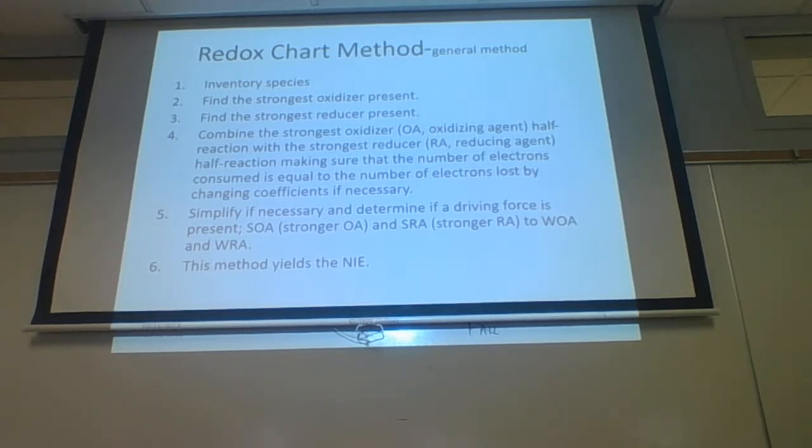So if I inventory this, potassium and sodium chloride, potassium solid, sodium chloride aqueous, what do I have? I have potassium metal, I have sodium ions, I have chloride ions, and I have water. And then all I have to do is consult the chart.